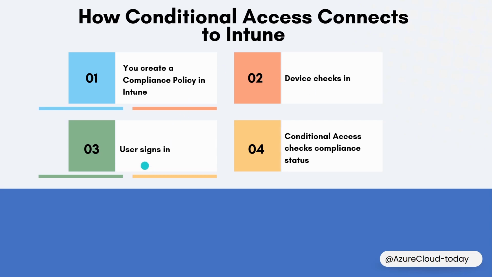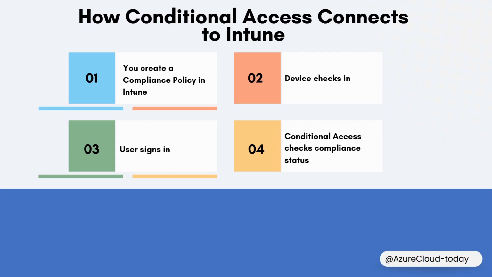Then, when a user signs in to a cloud application like any Office 365 application, Entra ID receives this request. Conditional access policy is then triggered here, and it looks at the device compliance status from Intune, and it makes a decision, which is to either block or grant access.